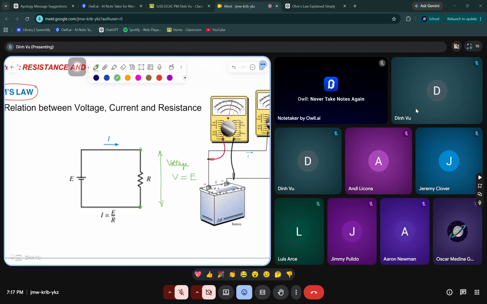And then there will be a current from the source. This current flows here.